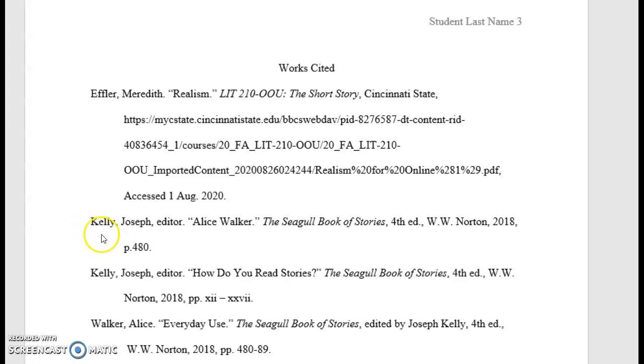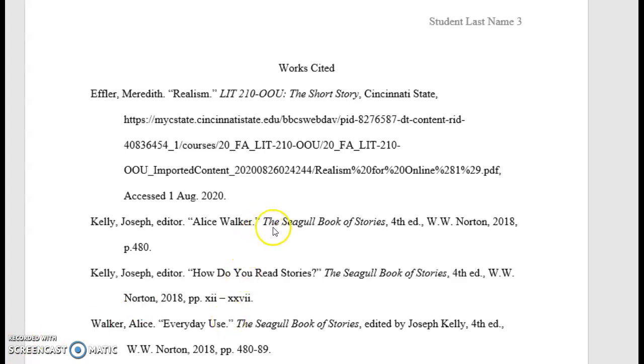And so we have his last name followed by his first name, and then that explanation that he's the editor. And then the title of that is usually the author's. I think always in this textbook, it's the author's full name. There's Alice Walker and then that information about her, about the story, before you get to the actual story.